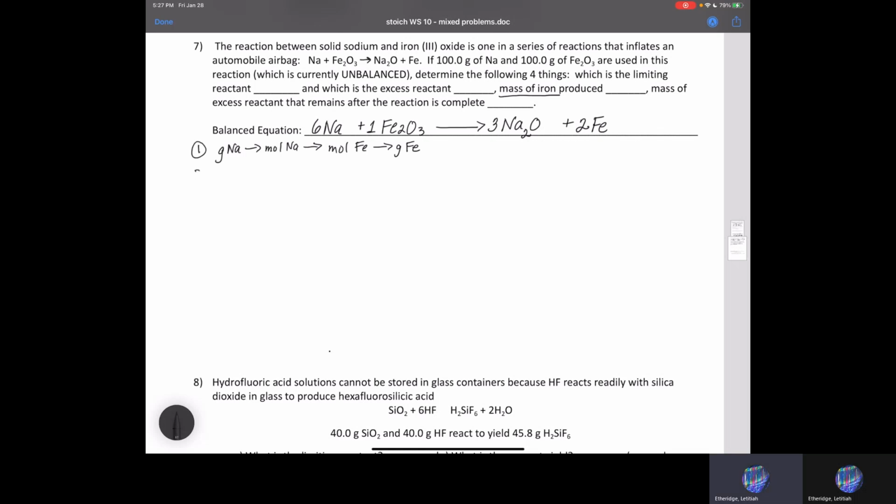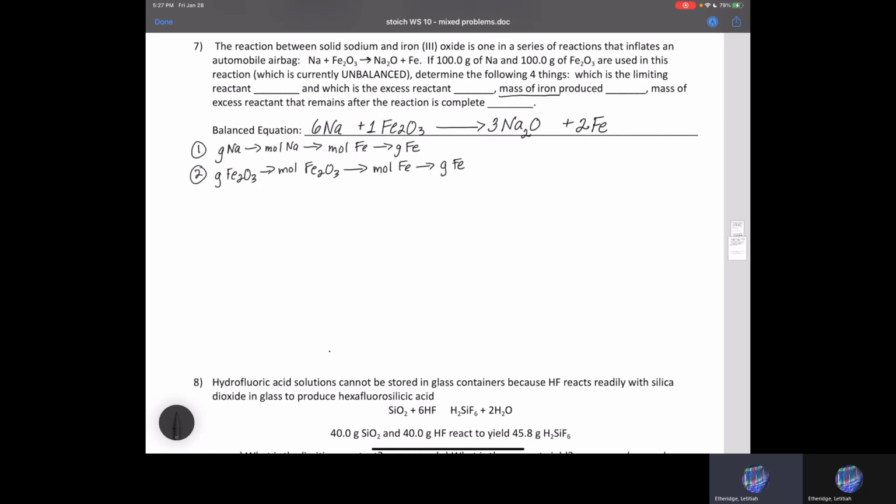That is step 1. Step 2 is gram of iron 3 oxide to mole of iron 3 oxide to mole of iron to gram of iron. That's basically the way that you need to go.